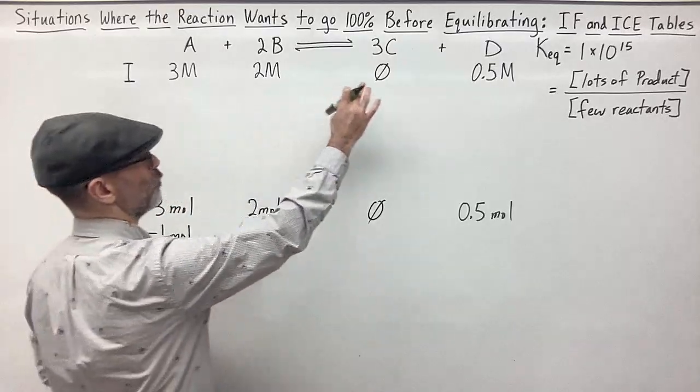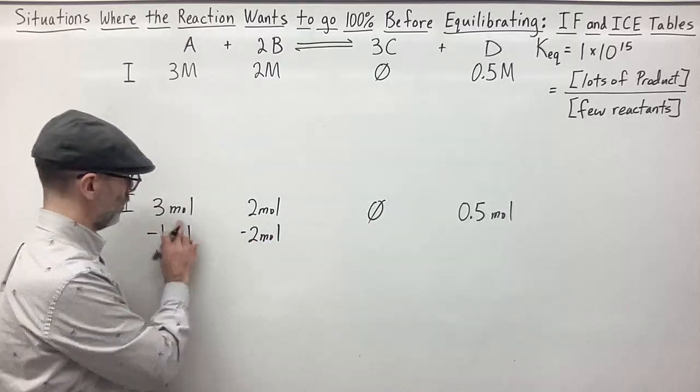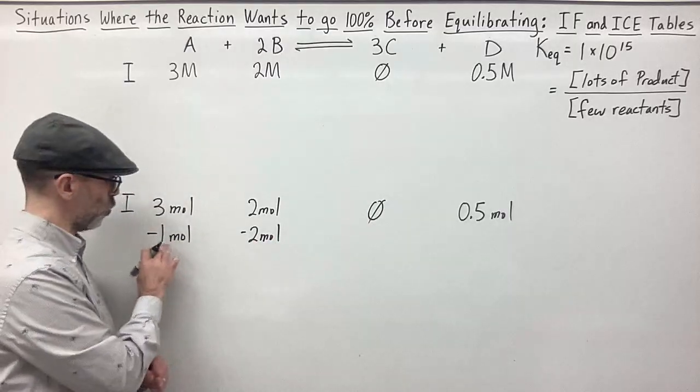There's a 2 to 3 ratio here, and there's a 1 to 3 ratio here. It'll be easier to use this one. I'm going to lose 1 mole of A.